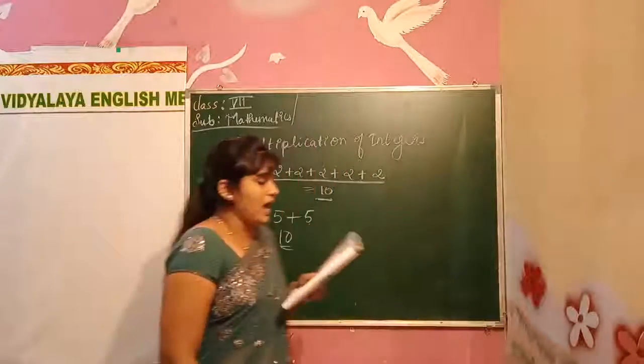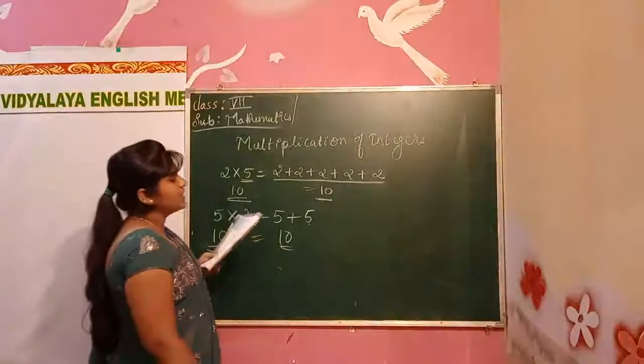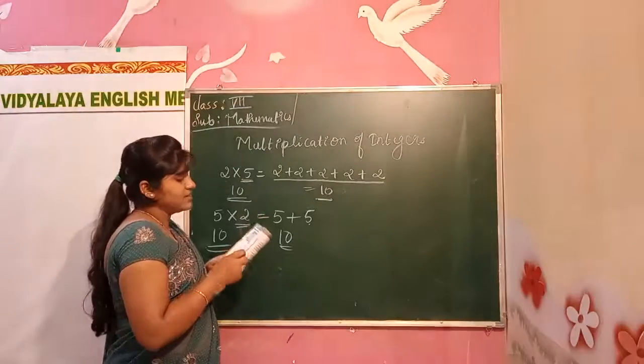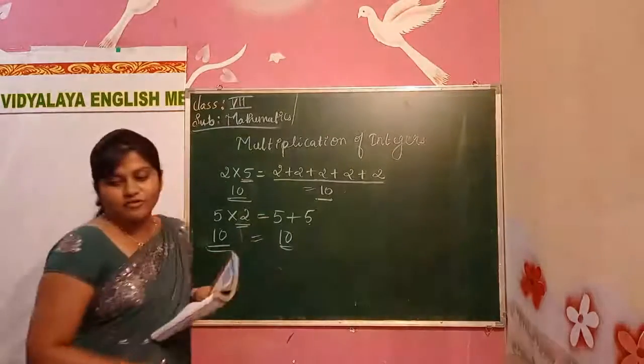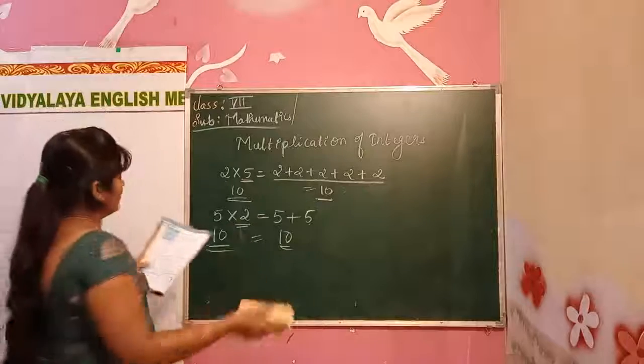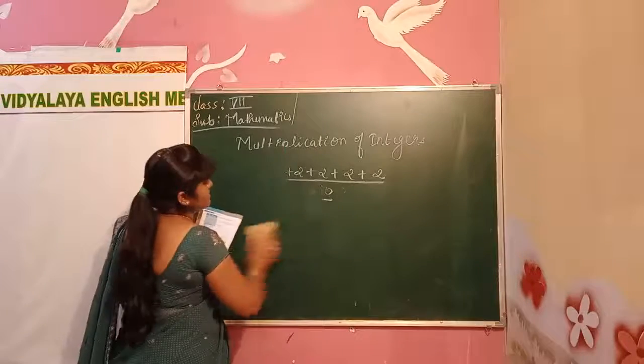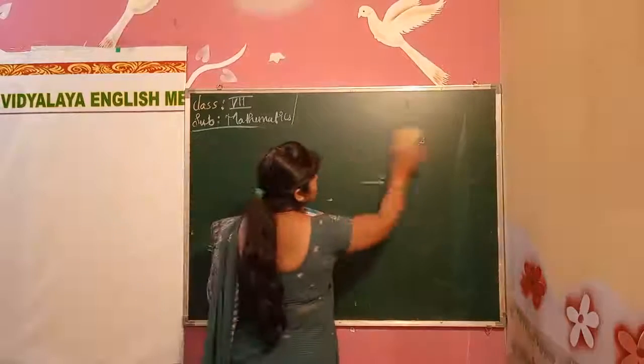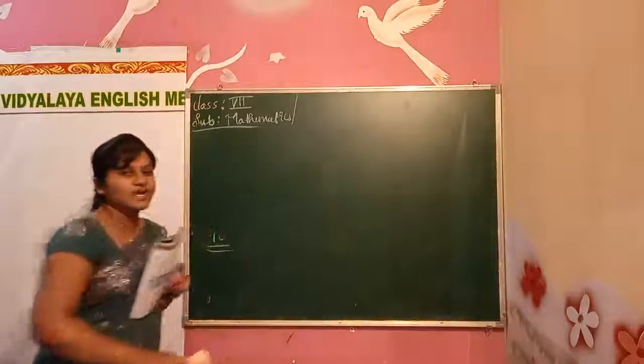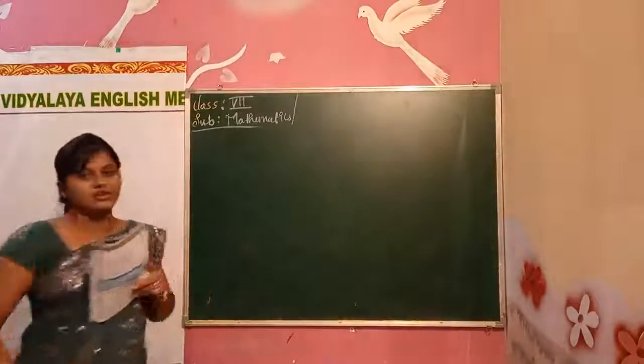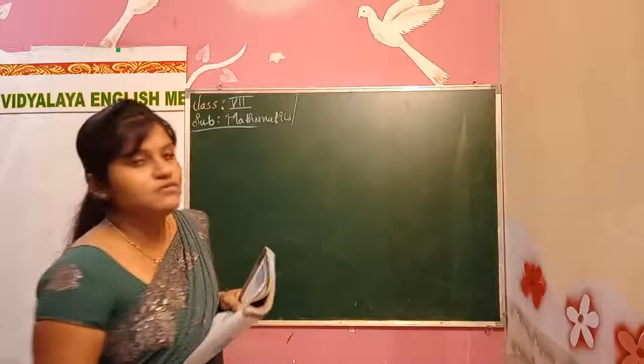Now on the number line, how we write this on the number line. For example, they give different signs, they will give positive also, they will give negative also.